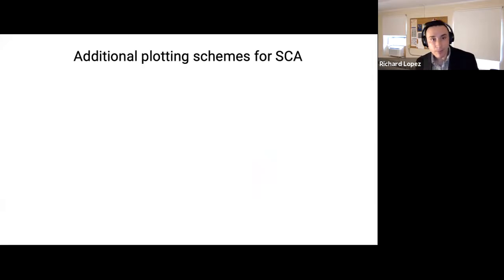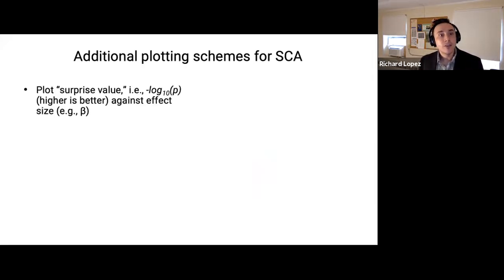Another plotting scheme that's becoming more popular is you plot the surprise value, which mathematically is the negative of log base 10 of your p-value. So you take your p-value and then you take the negative log base 10 of your p-value. And in this case, higher numbers are better. So it indexes surprise.